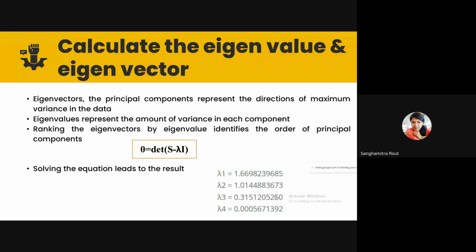Here, as I have written, the eigenvector is the principal component and represents the direction of maximum variance in the data. An eigenvalue represents the amount of variance in each component. There is a small difference.